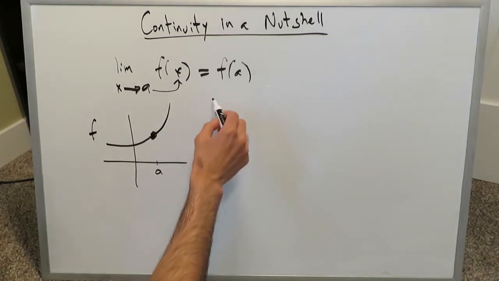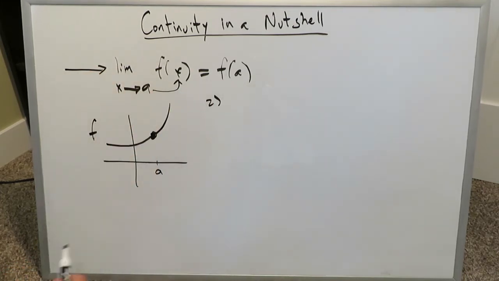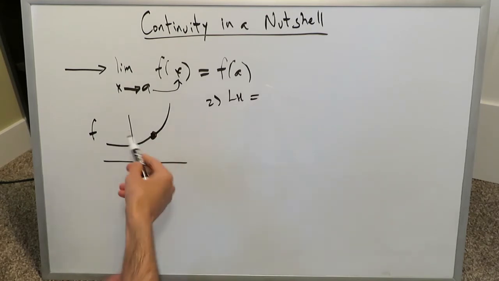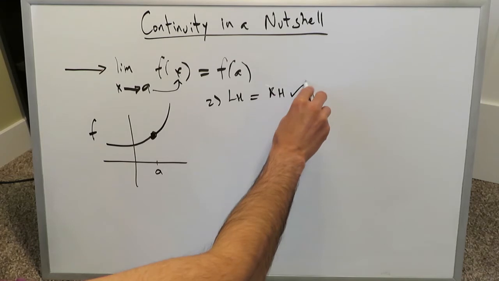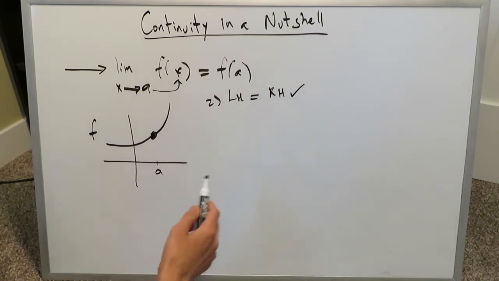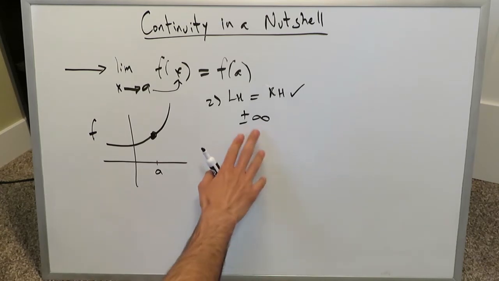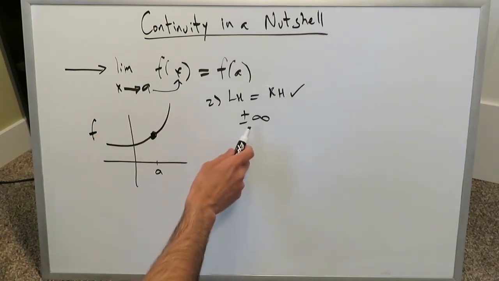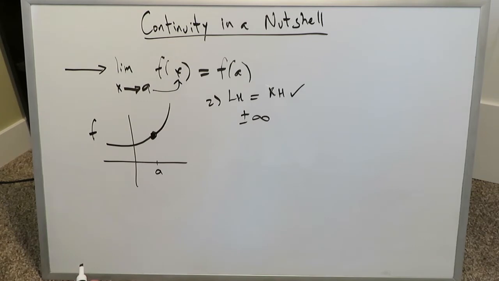The next condition that you need to meet for this definition to be met is this: the left hand limit of this function as x approaches A and the right hand limit must be good. And you cannot have limit values which are approaching positive or minus infinity, because a function approaching positive or minus infinity as x approaches A is not technically a good limit value, because it's more of a theoretical or conceptual answer.